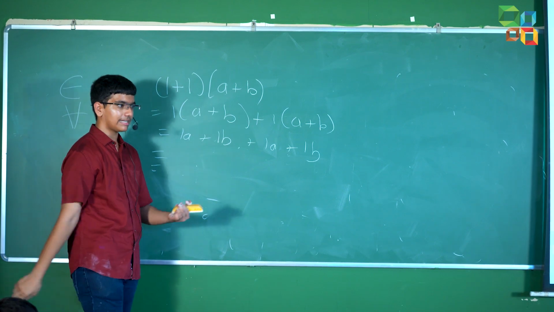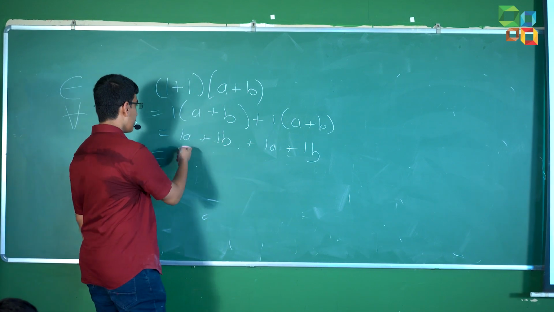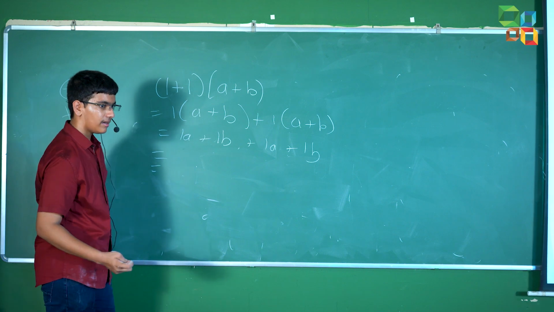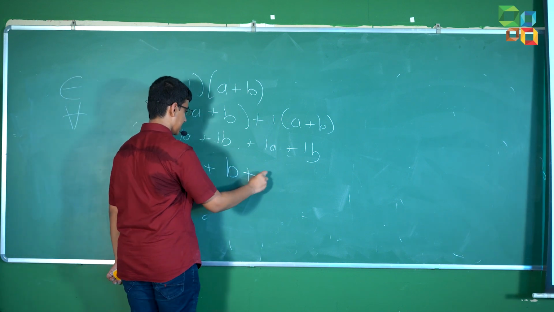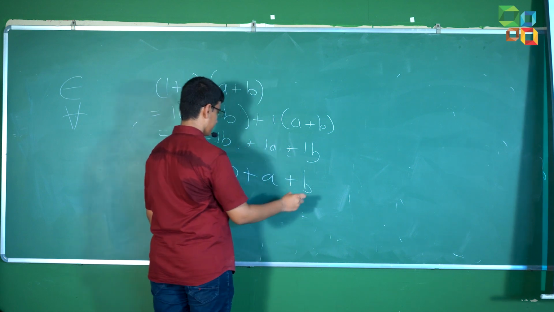We have not assumed it, but 1 into A is always A. But that's easy enough and it's intuitive. You get A plus B plus A plus B.